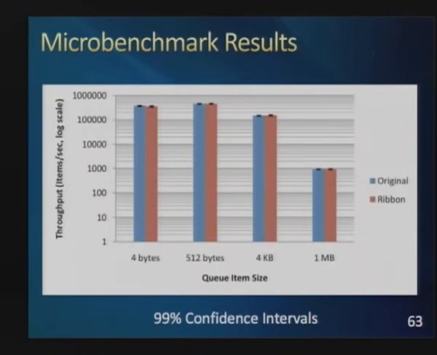So here we've plotted the original JikesRVM virtual machine unmodified in blue, and then our modified ribbon virtual machine running with our ribbon-enhanced code, plotted at 99% confidence intervals, and the confidence intervals always overlap.